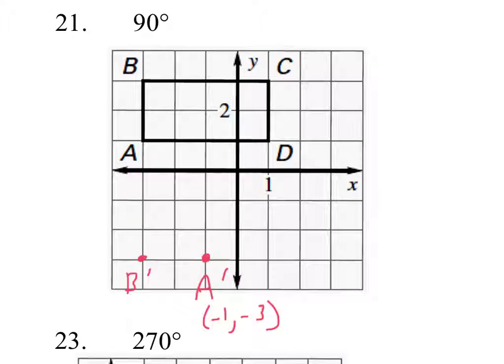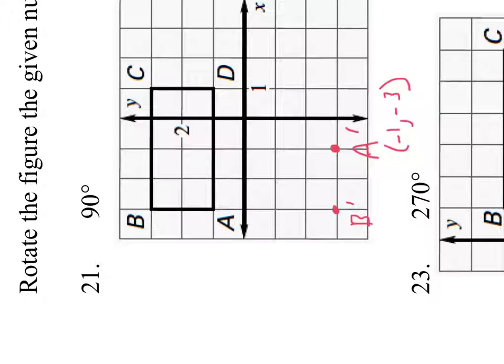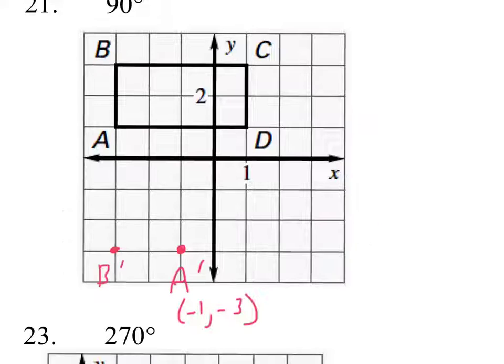All right, we'll do the same thing with C and D. So when I rotate 90 degrees, you can see D is at -1, +1. So -1, +1 is right here.